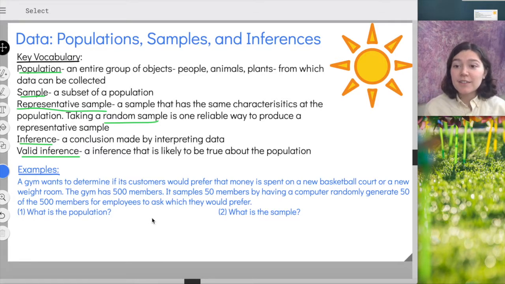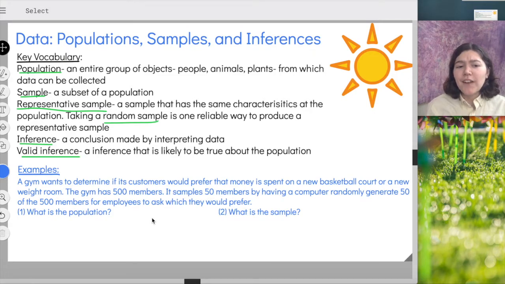And a valid inference versus just an inference is an inference that's likely to be true about the entire population. So again, for example, maybe we are trying to think about all people in the United States, but we only interview people under the age of 10. And we ask them, what's your favorite TV show? And then they give an answer that's a kid's TV show.